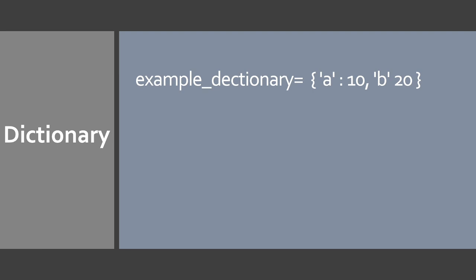The dictionary contains a group of key value pairs. The first pair is A and 10, where A is a key and 10 is a value. The second pair is B and 20, where B is a key and 20 is a value. You can then output the value of 10 by accessing its key, which is A.